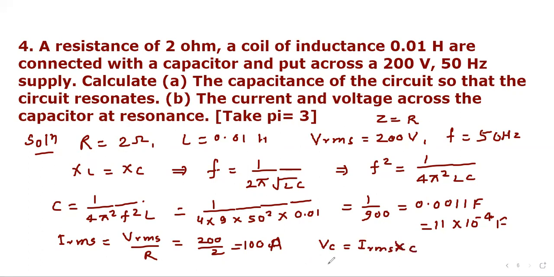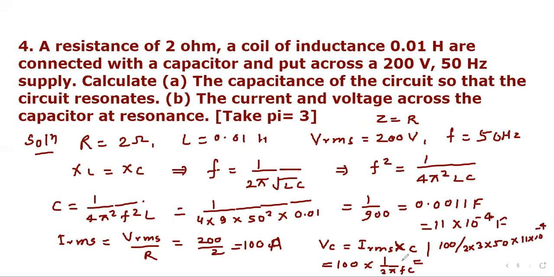So IRMS is 100 and XC is 1 upon 2 pi FC. So put the values. So 100 divided by 2 into 3 into frequency is 50 into capacitance is we have just got 11 into 10 power minus 4.